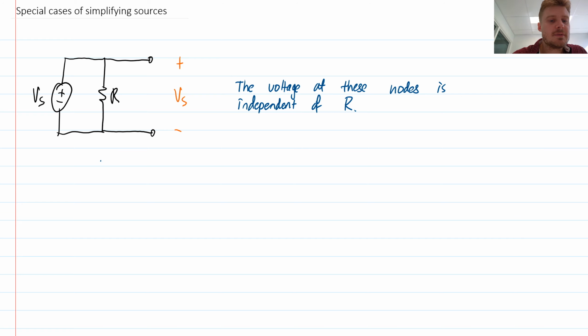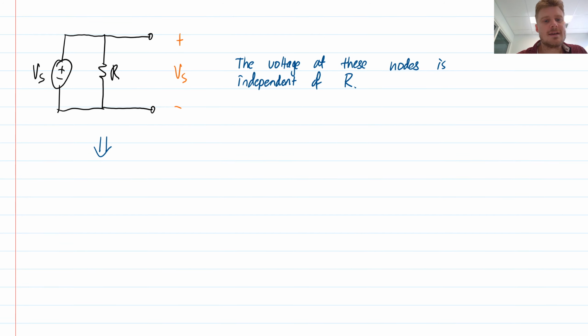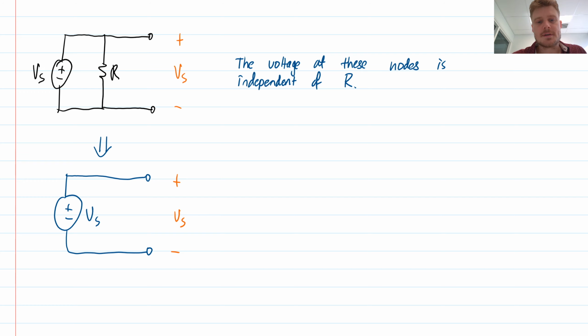So you can simplify this circuit, right? If you're trying to solve for some behavior in this right-hand side, in the circuit that this is connected to, then you can just ignore that resistor, right? It actually has no impact whatsoever. And we can just simplify this into a single voltage source, which will have the exact same behavior of creating a voltage Vs across its terminals.